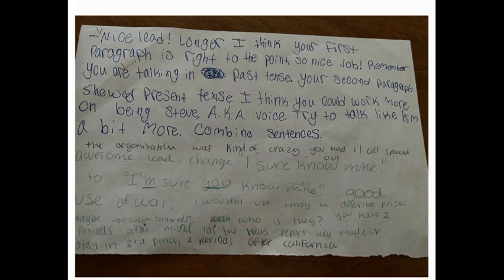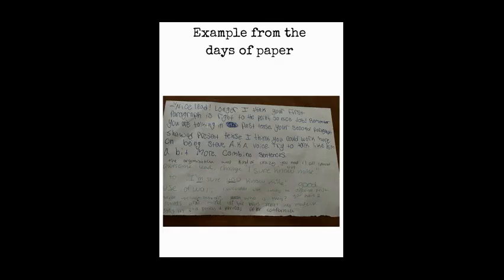Try to talk like him a bit more. Combine sentences. Now, that was for a different type of project, but what I want you to notice is how specific that feedback is. So that writer is now going to go back to their paper and add or decide that they liked the feedback, but perhaps they're not going to use it. But they're going to at least have things that they can consider.